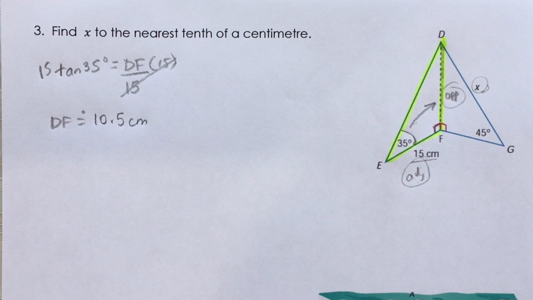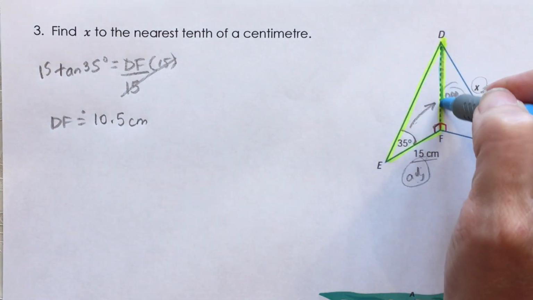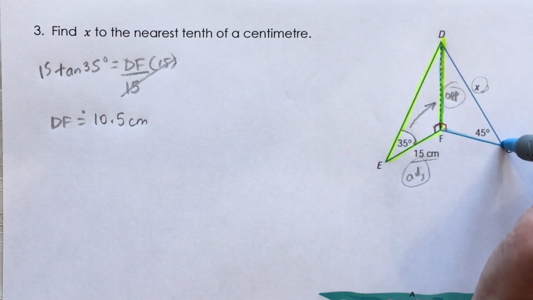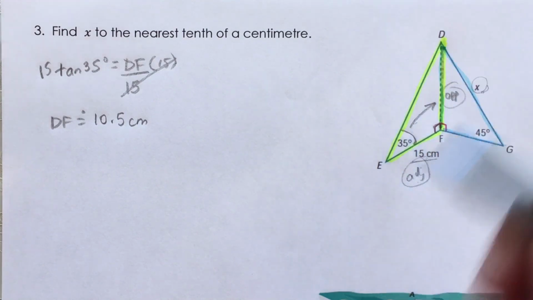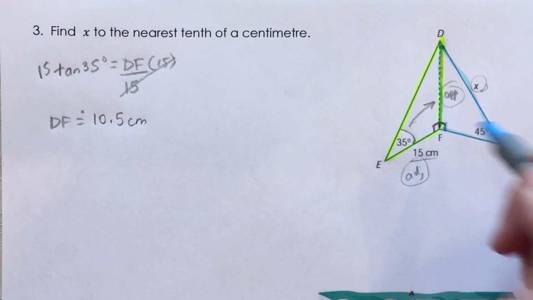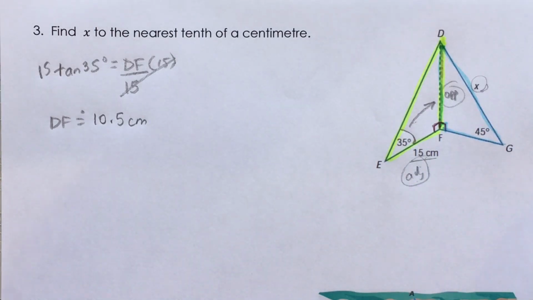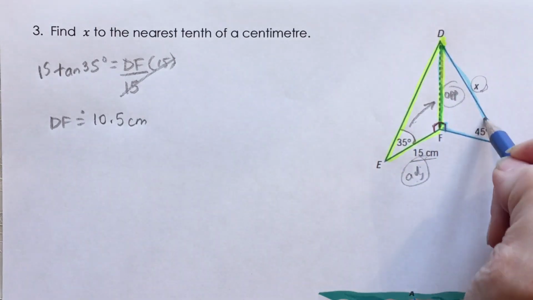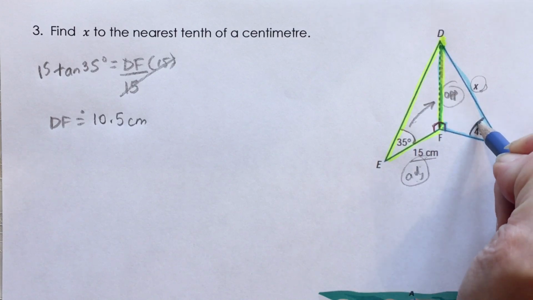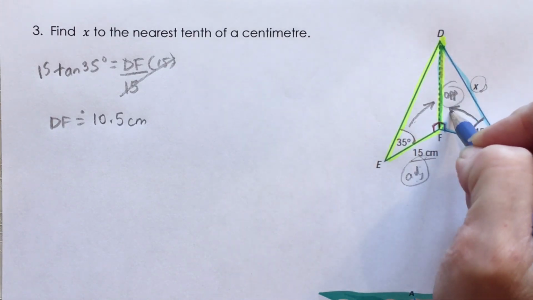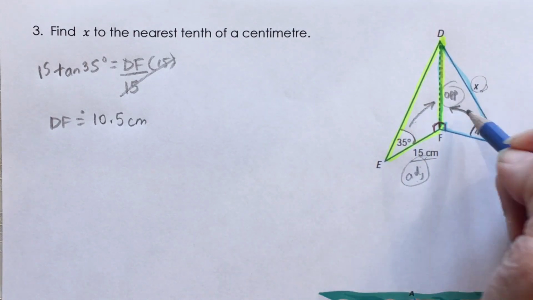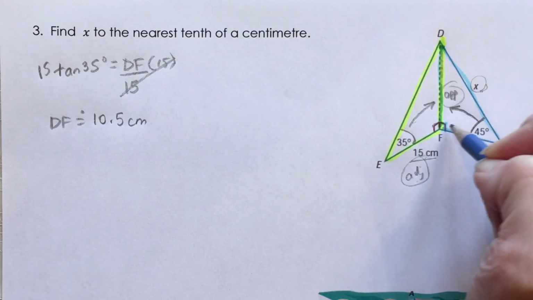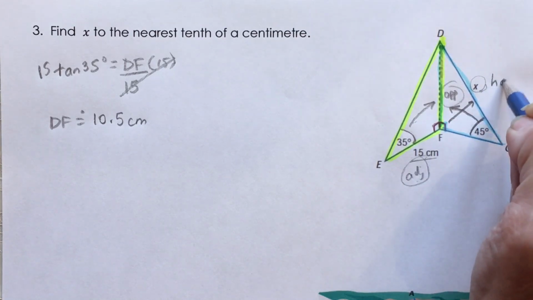approximately. So now we can come over and look at the triangle that does contain x, also a 90-degree triangle told to us with a 45-degree angle. And again, according to the 45-degree angle, the side DF that we just found is the opposite side, but this time it's the hypotenuse that we want to find.